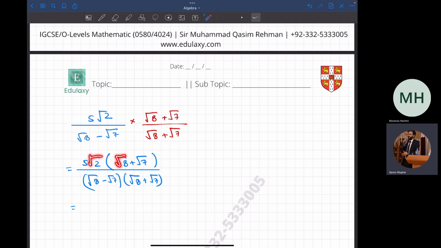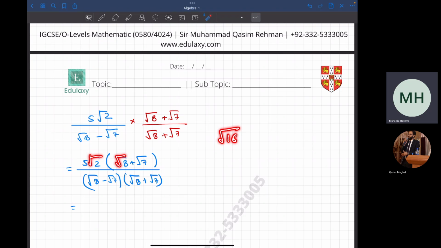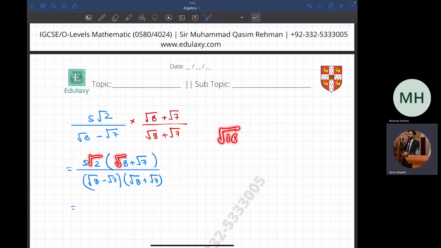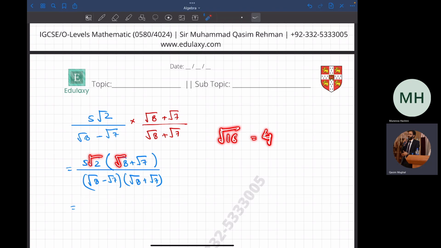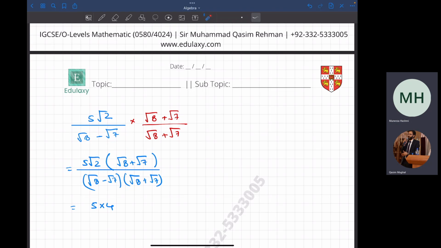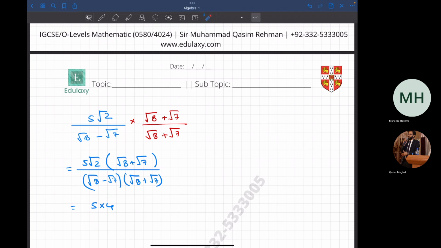Root of 2 times root of 8 is root of 16, isn't it? Yes. And root of 16 is 4. So I'm left with 5 times, because this whole thing is being multiplied with this, so 5 over here, and root of 2 times root of 8 gave us 4.